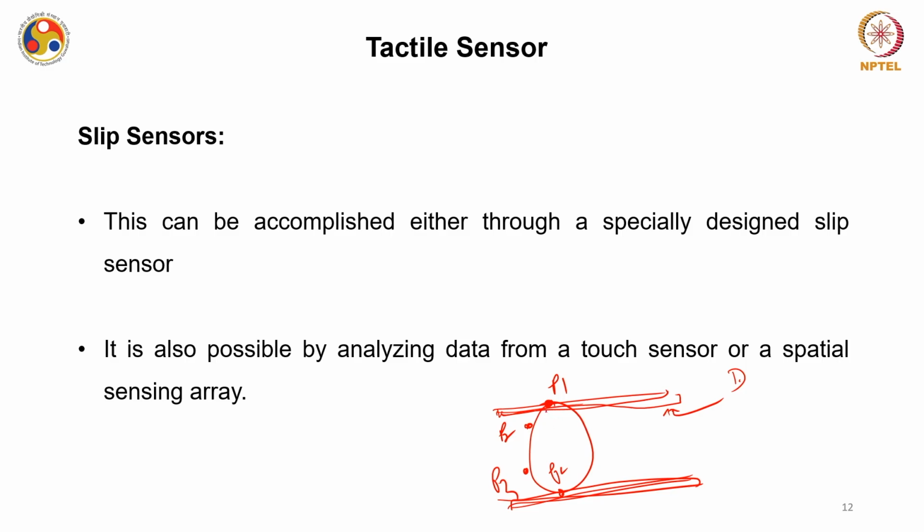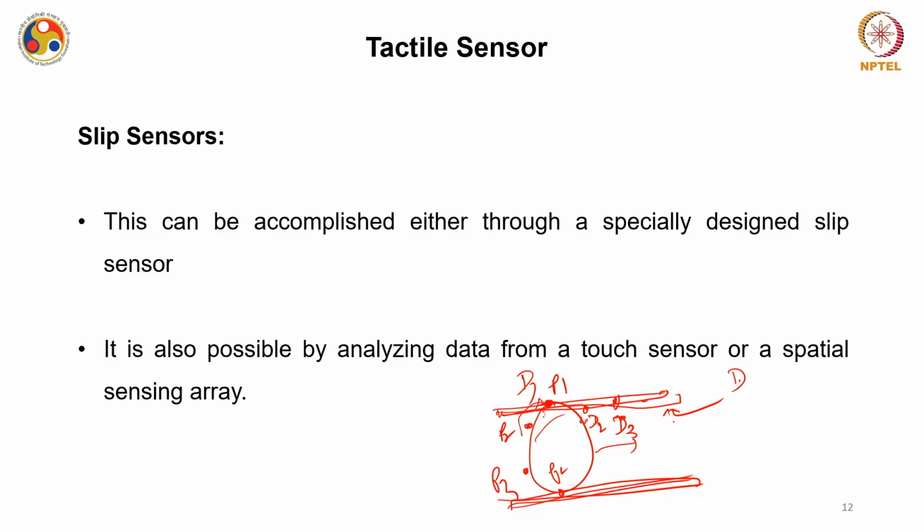Now this point where it is touching is point D1. On this spatial sensing array, this point is D2, this is D3, and so on. Right now the point D1 on this spatial sensing array is touching the point P1. Now when it slips, this P1 point moves to point D2, while P2 shifts to point D1.